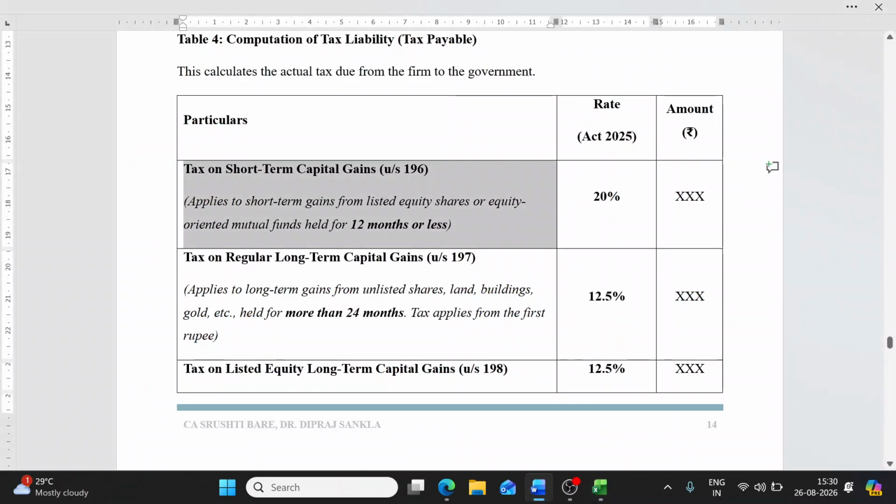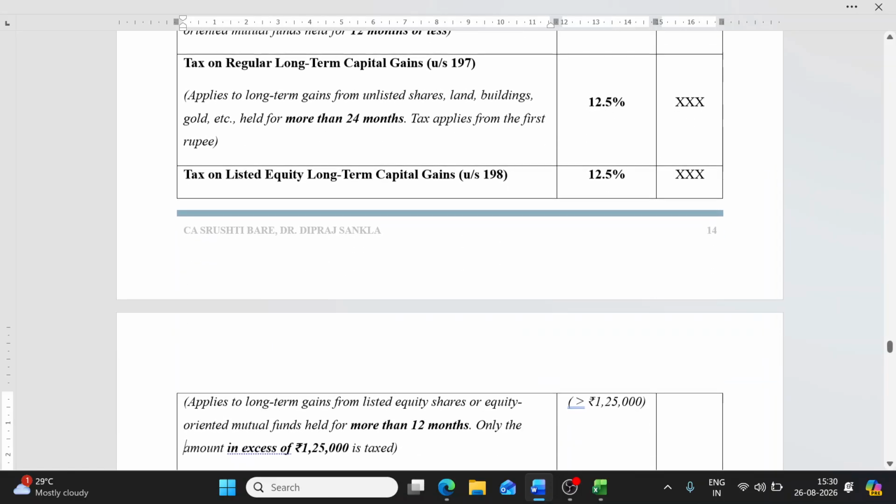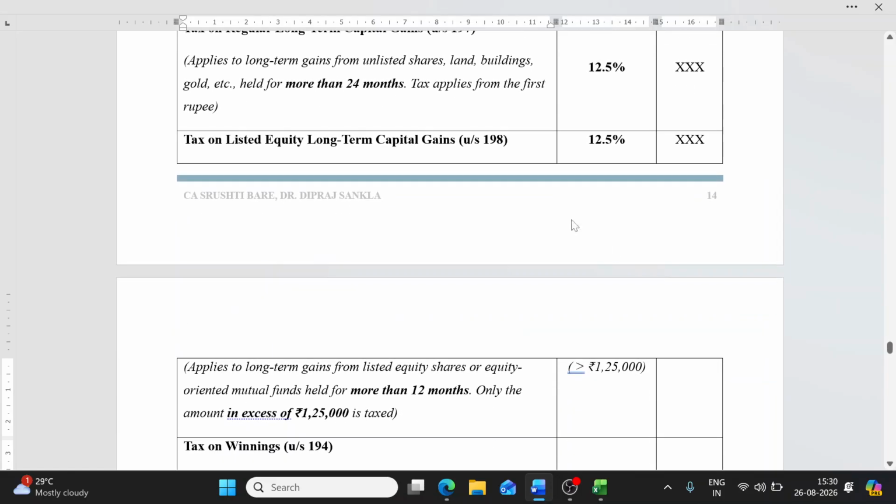Okay, now check the rate. Section 198. It is for tax on listed equity long-term capital gain. According to this section, the rate of income tax is 12.5 percent. But there is a limit. There is an exemption limit. Only the amount in excess of 1,25,000 is taxed.